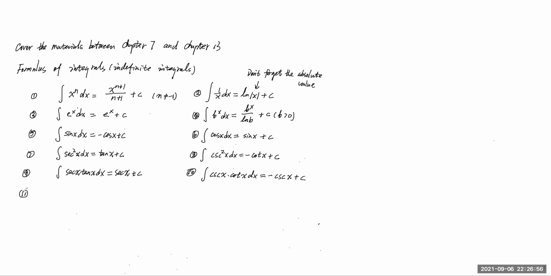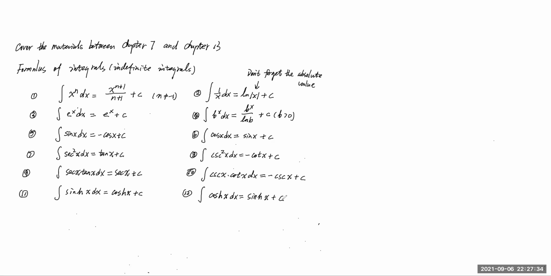Eleven. This is about hyperbolic sine x dx. This is hyperbolic cosine x plus c. Twelve is hyperbolic cosine x dx is hyperbolic sine x plus c.